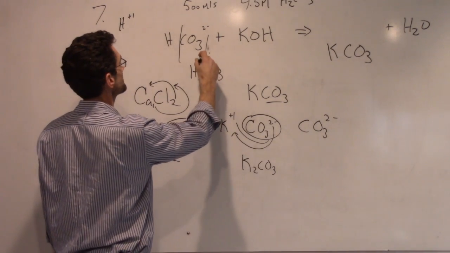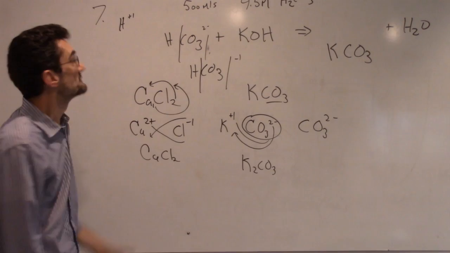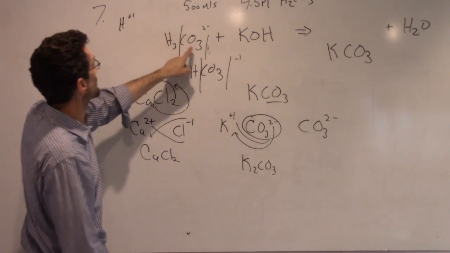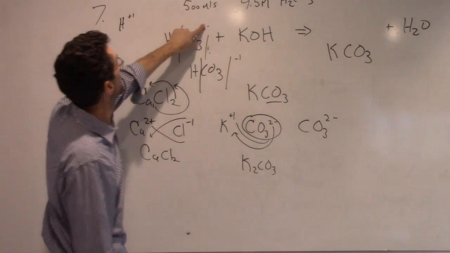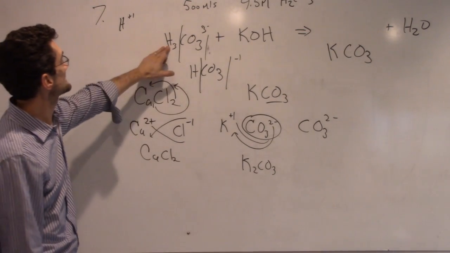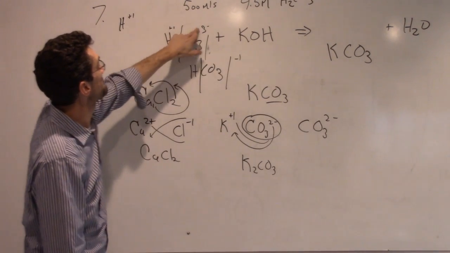Well, I would anticipate that to be -1, because there's only 1 hydrogen. If there were 3 hydrogens here, what would you anticipate the charge of the carbonate ion being? Well, it would have to be 3, because these 3 hydrogens, all with a +1 charge, have to balance that out.